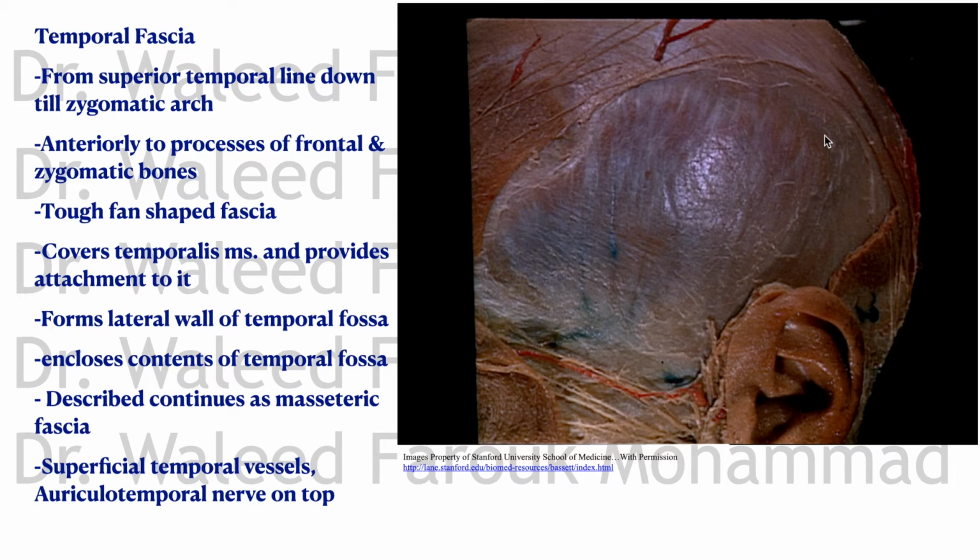Okay, the temporalis fascia is fan-shaped. It's tough, attaches to the margins of the temporal fossa back to the crest here, and then ends by attaching to the zygomatic arch.